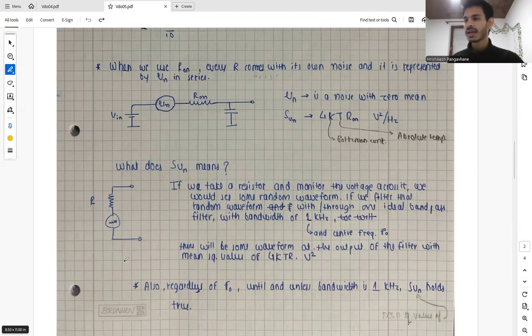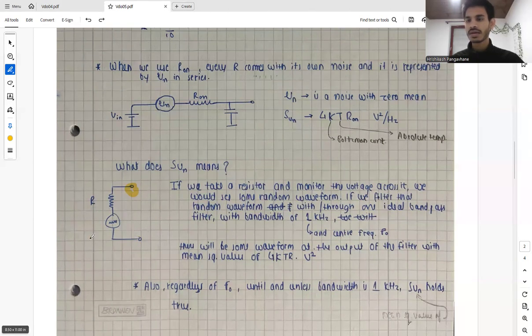So what we are saying is that we take this resistor and measure its two ends. When there is no input, there is no external add-on input, it will show a random waveform with zero mean.